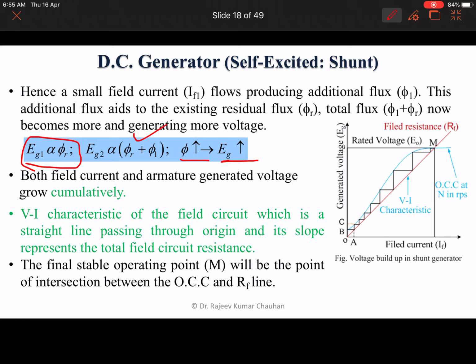Okay. Similarly, when the field current A flows through the field winding, because of the residual flux, the next voltage will be at the C point.